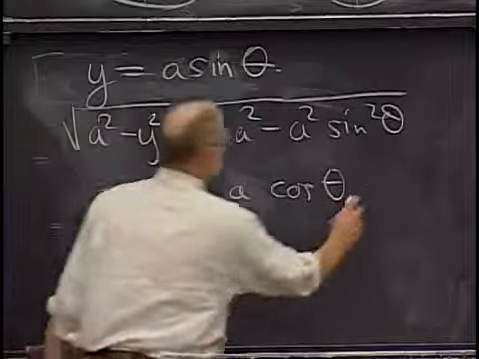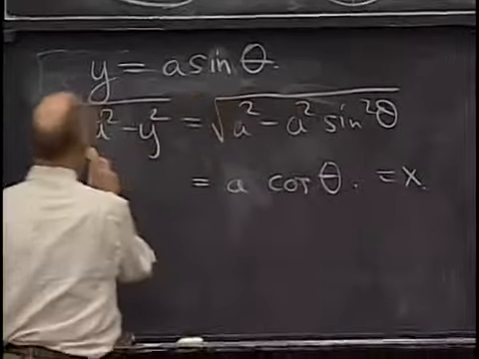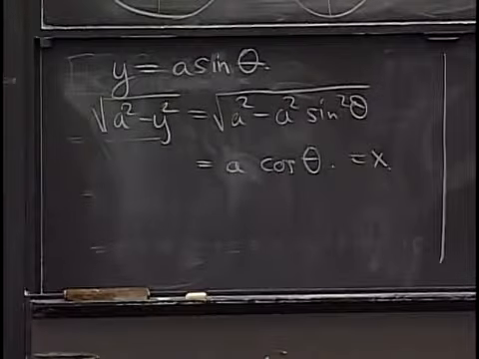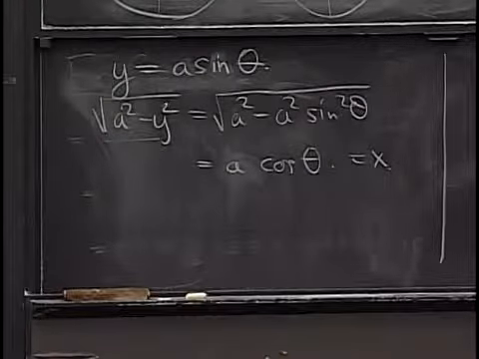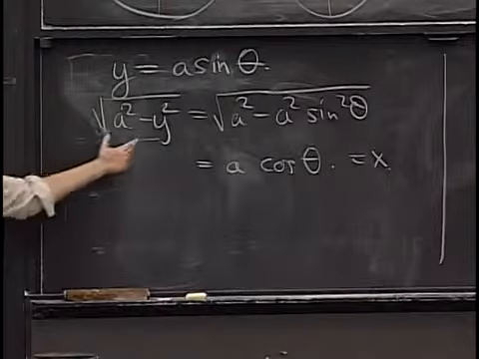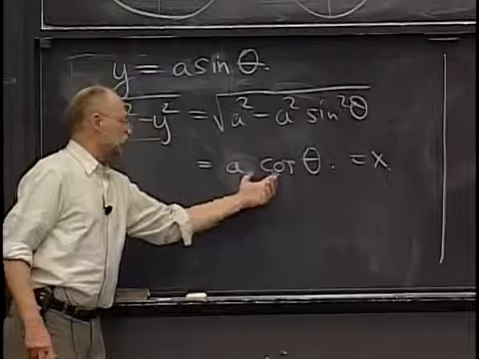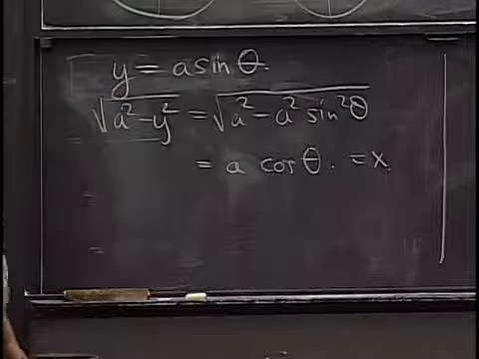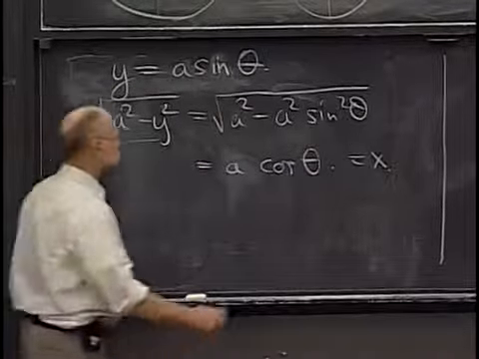That's just sine squared plus cosine squared equals 1 all over again. It's also x. This is x. There are a lot of different ways to think of this. But no matter how you say it, the thing we're trying to integrate, the square root of a squared minus y squared, is, under this substitution, a cosine of theta.